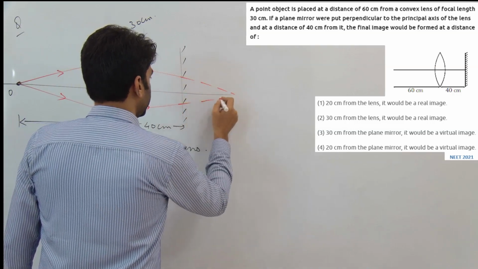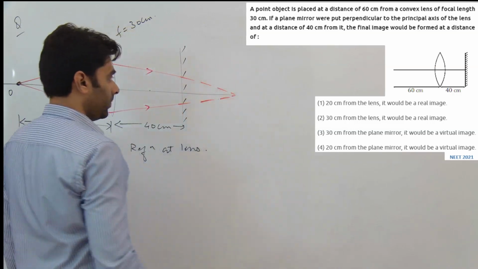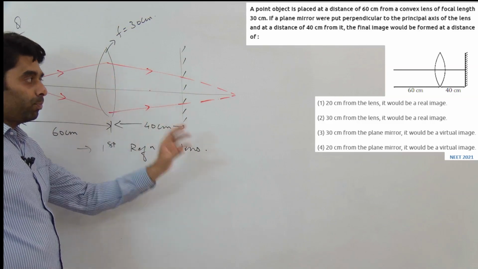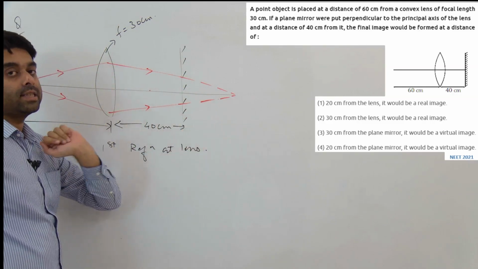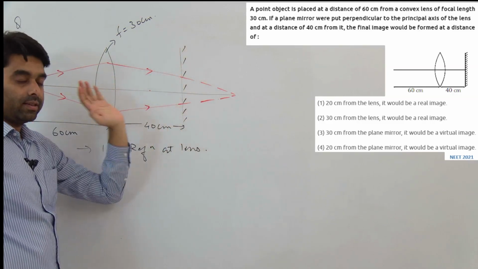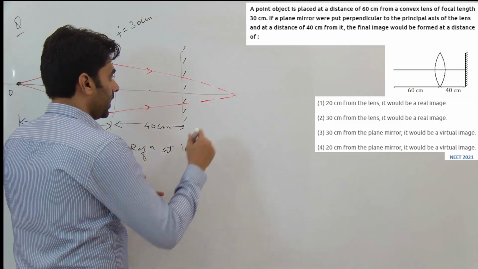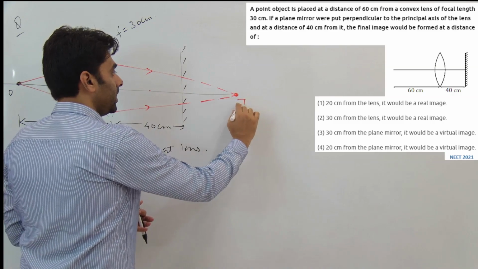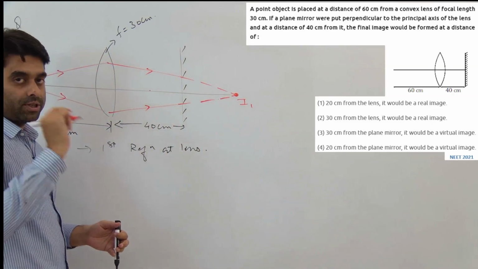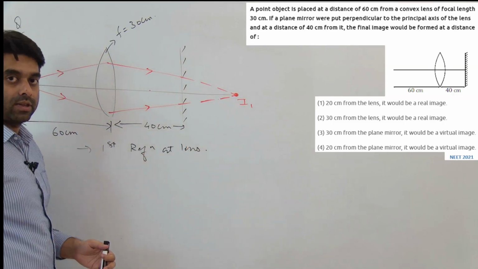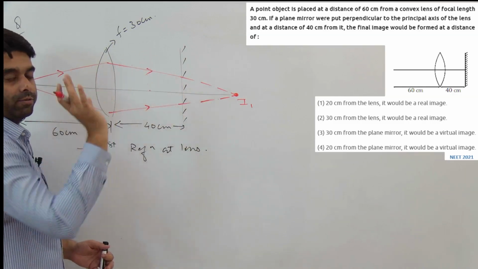Actually they will obviously not be able to go past the mirror. So rays were supposed to go to a distance of 60 centimeter, but in between what has come? A plane mirror has come. So for the plane mirror, I am calling this now the image I1. This is our first image due to the refraction at lens. How I took it? 2f, 2f, it will be 60.